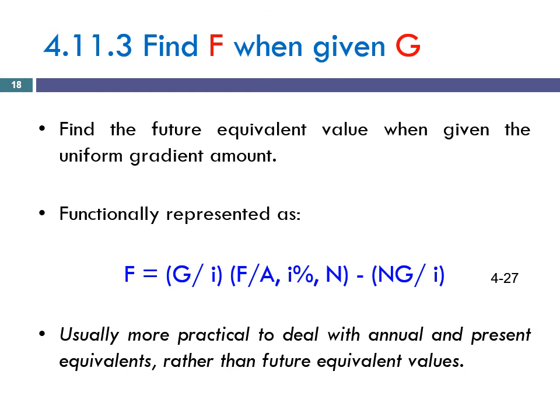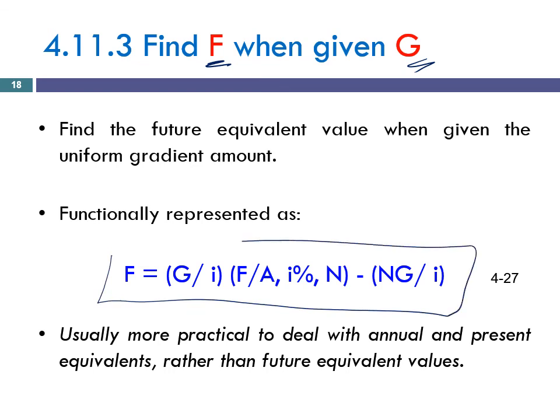I told you that we don't have a formula for finding the future value or a factor, but in fact we can develop a formula to find the future value for a given G. We can use this formula. Here G is the amount of increase and I is the interest rate.